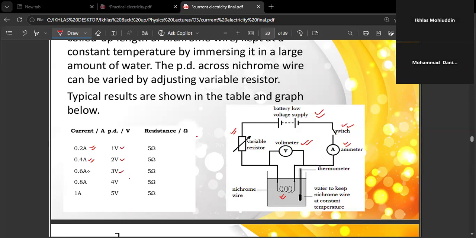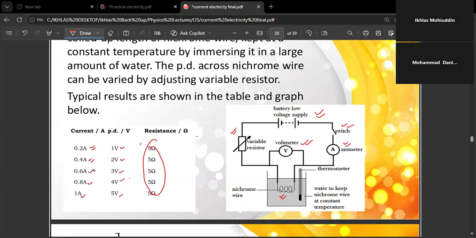At 3 volts, 0.6, at 4 volts, 0.8, and at 5 volts, 1. And we can see the value of the resistance is constant in every case. It would be 5 ohm. So after every increment of 1 volt, the current would increase by 0.2 amperes.